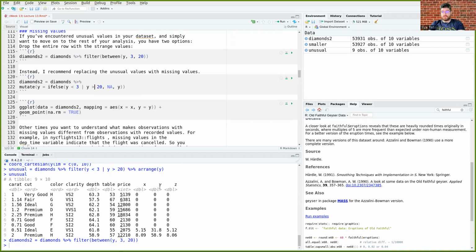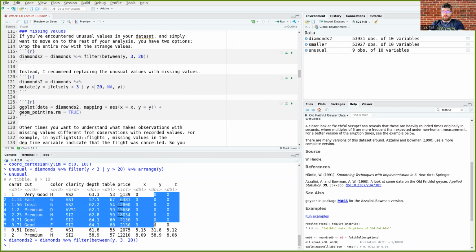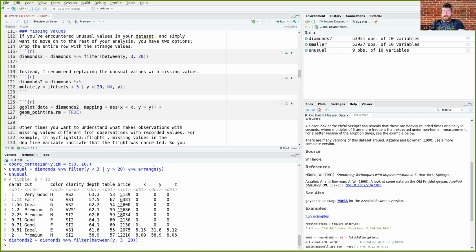We do not use this y variable, and y contains very large and really small values. What to do? If we have previously deleted those data points, we won't be able to use them. But actually, for our modeling, we do not need y. We just need carat and price.